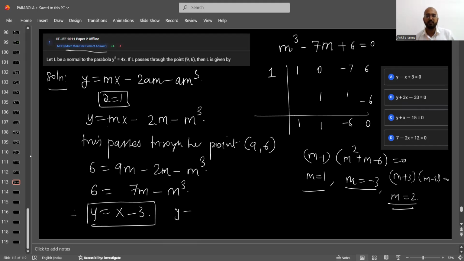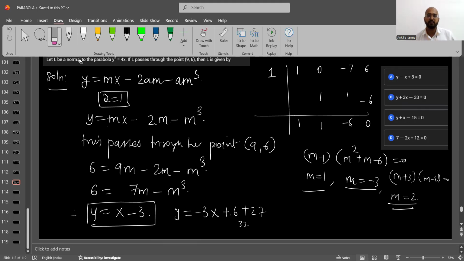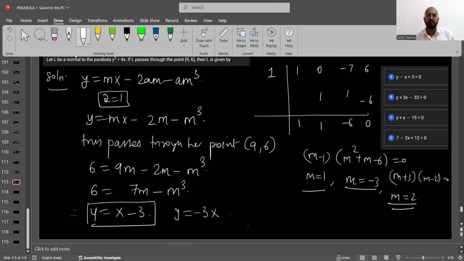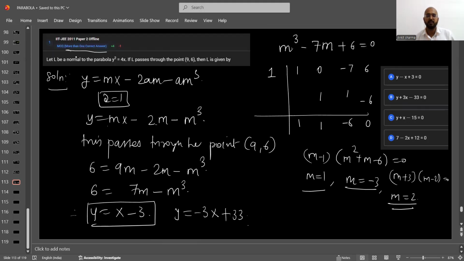So this gives me y is equal to minus 3x, and since m is minus 3, this is minus 3 times 7 plus 6, and then minus 3 cube is going to be plus 27. 27 plus 6 is 33. So we have one more normal. y is equal to minus 3x plus 33.